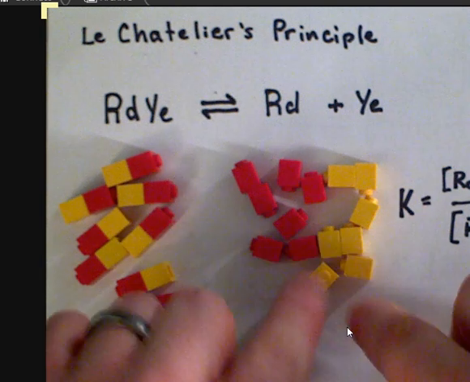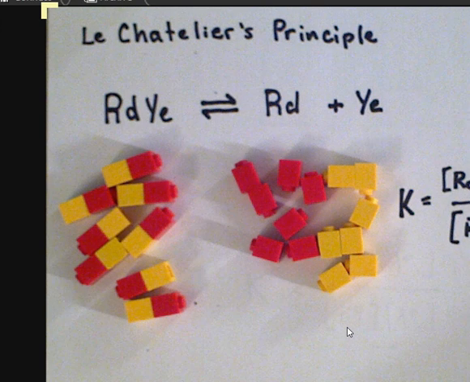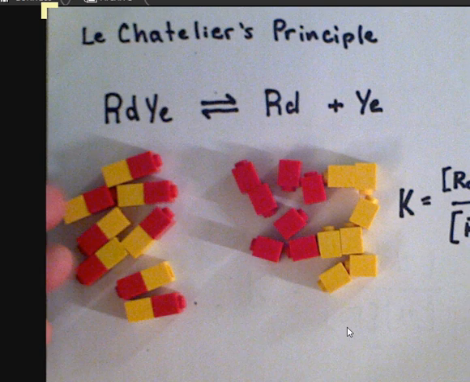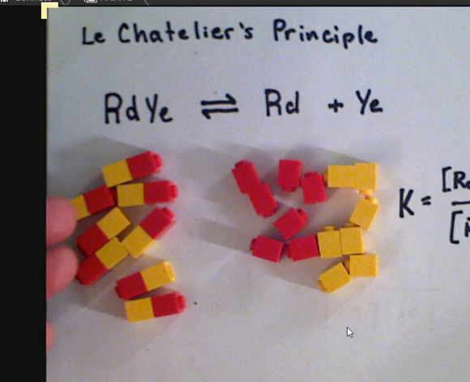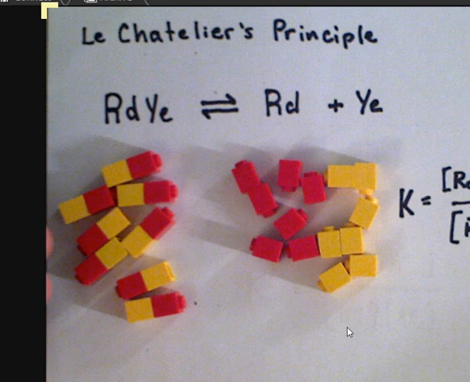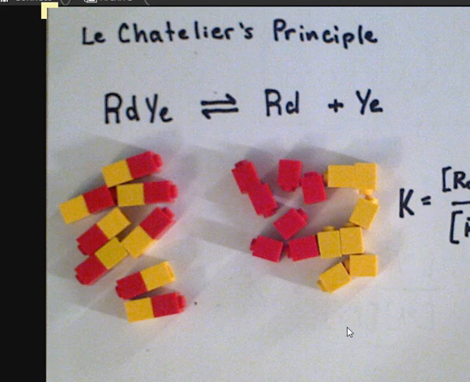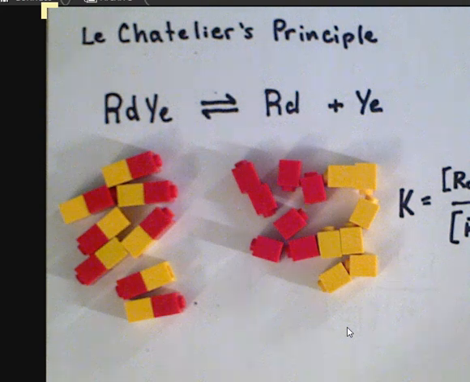Some additional red and yellow, in order to restore equilibrium. So we added some more to the left side, and in order to correct that and restore equilibrium, the reaction, we would say, shifts to the right, okay, producing more red and yellow blocks.